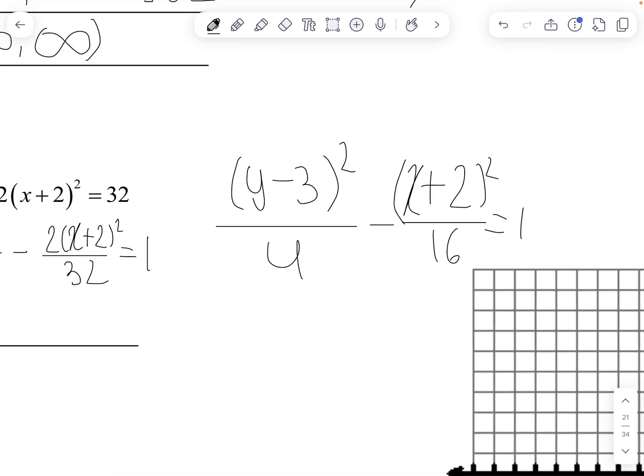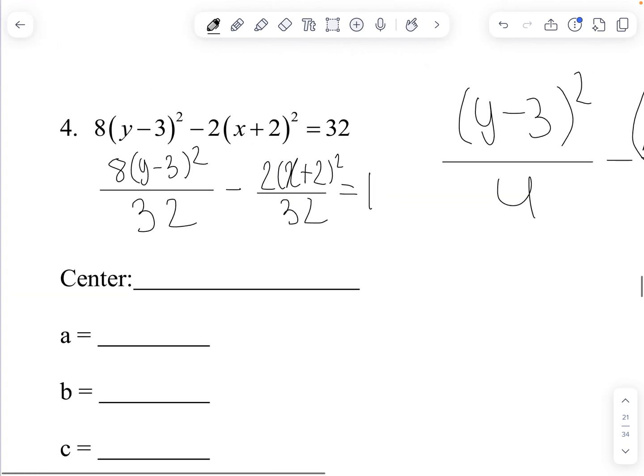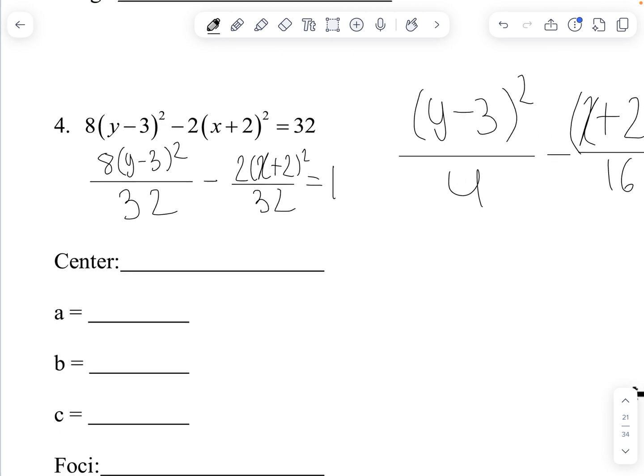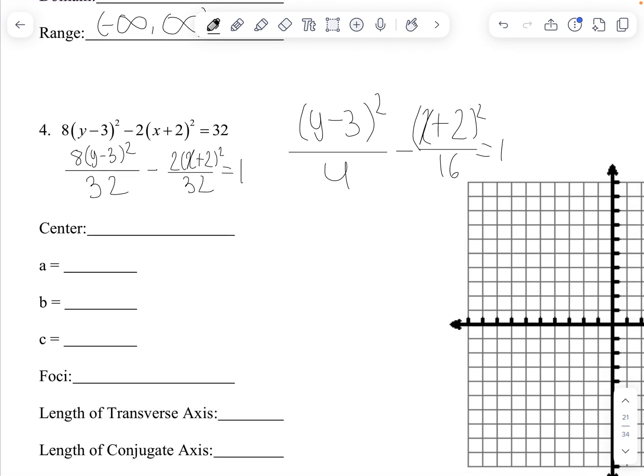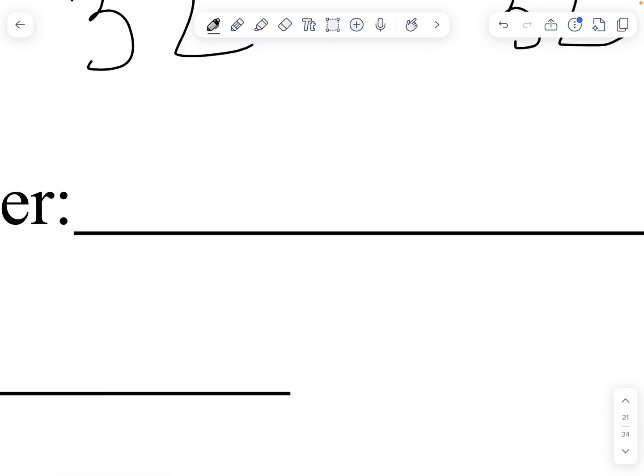First we need to determine if this is a horizontal or vertical hyperbola. Looking at the first term in standard form, it starts with y, meaning this is a vertical hyperbola. So our center is at -2, 3.